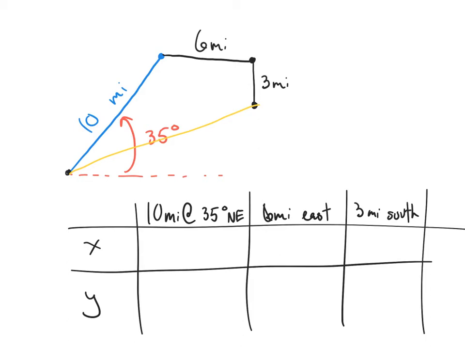You use cosine. Yeah. So for the x component, you multiply by the cosine of the angle. So this becomes 10 cosine 35. Whatever that is, we'll calculate it in a minute with a calculator. But for now, that's what we have for the x component. The y component is similar. What's the one difference? Sine. It's sine instead of cosine.